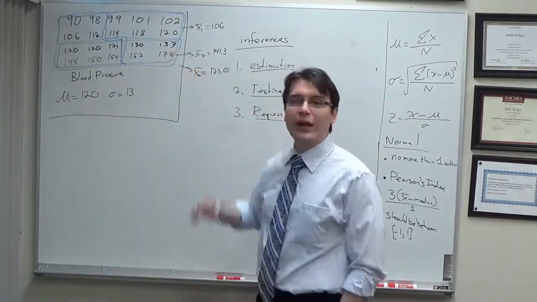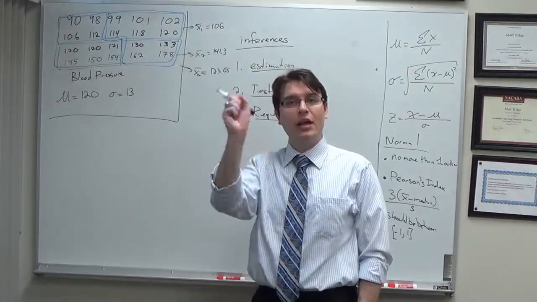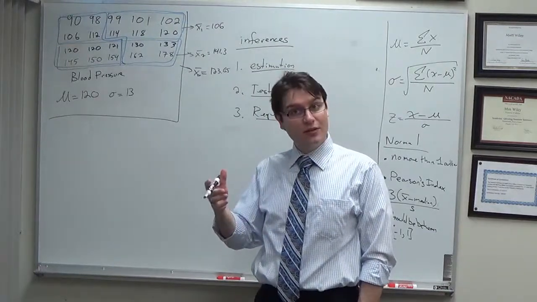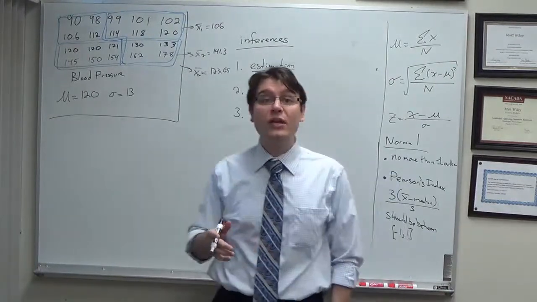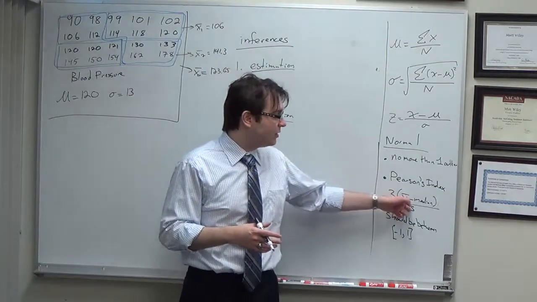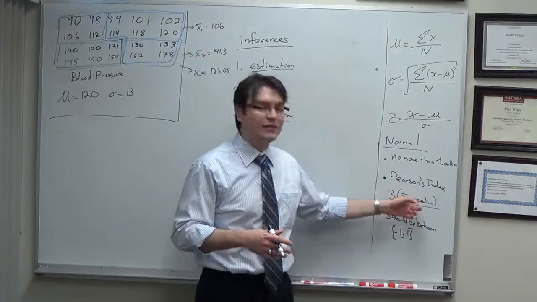If this was a true random sample where I'd gone across some country or even across the world and just grabbed 20 people at random, I would expect this to fit the normal distribution. We can check with the Pearson's index. You take 3 times X bar for the whole group, that's 123.65, minus the median.